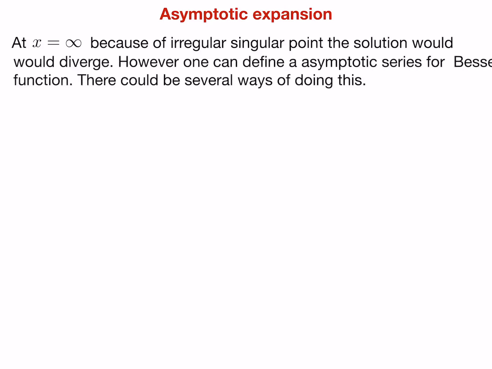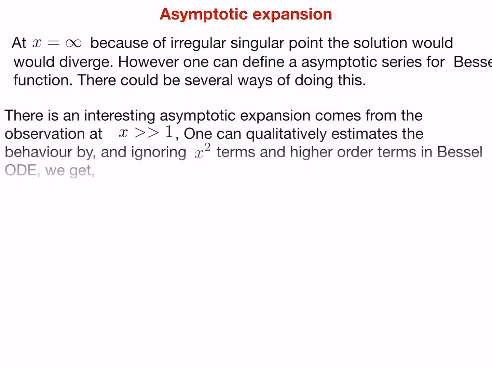But one may take an asymptotic expansion, do various approximations to obtain the solution to the Bessel function for very large x, and this can be done by approximating the Bessel ODE itself. One may ignore certain terms for the higher value terms and then solve the differential equation.